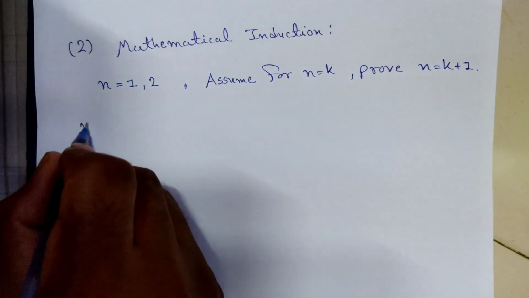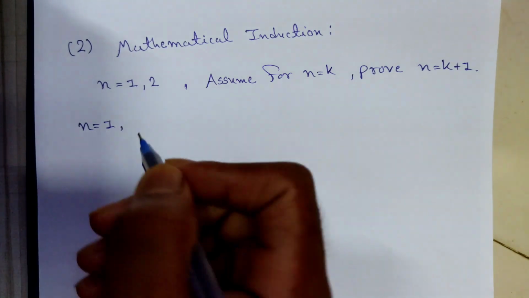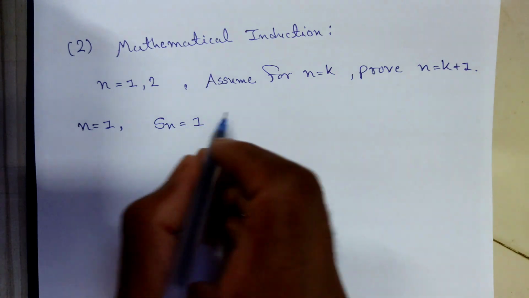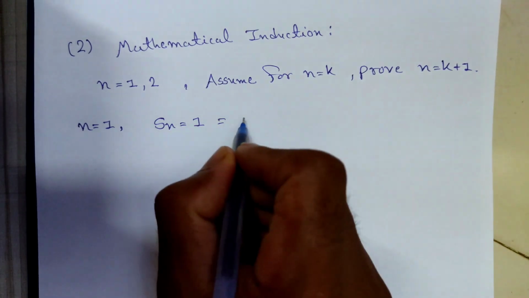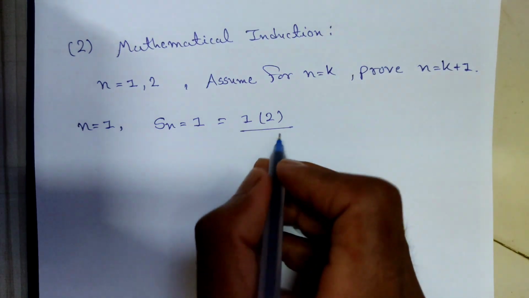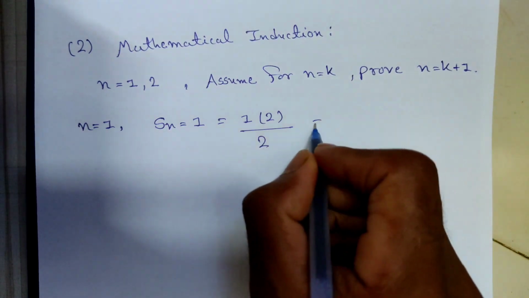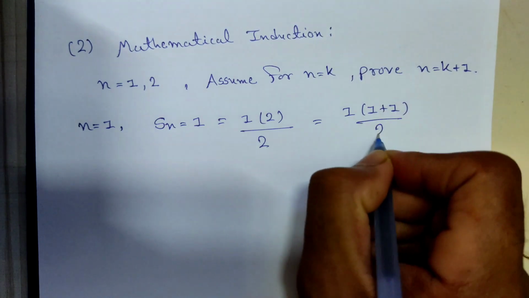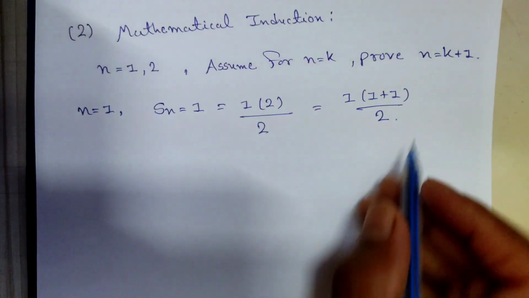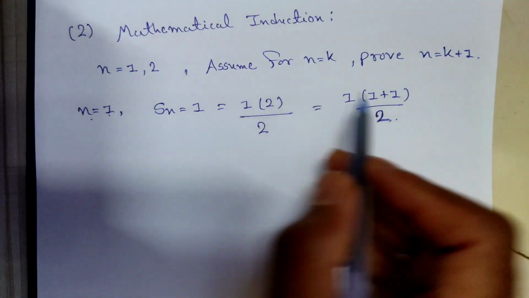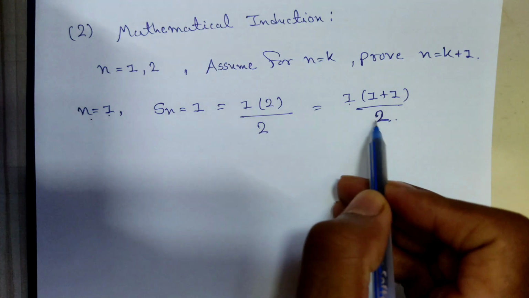So let n equal 1, Sn equals 1, so it can be written as 1 into 2 upon 2, which is equal to 1 into 1 plus 1 by 2. So it is the same, n into n plus 1 by 2 for n equals 1.